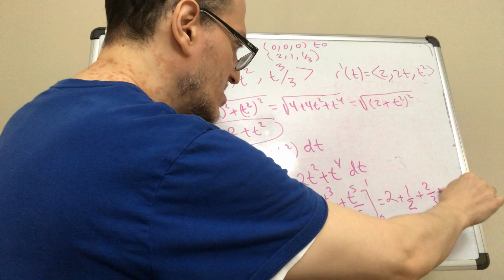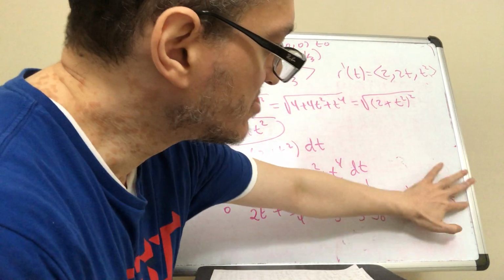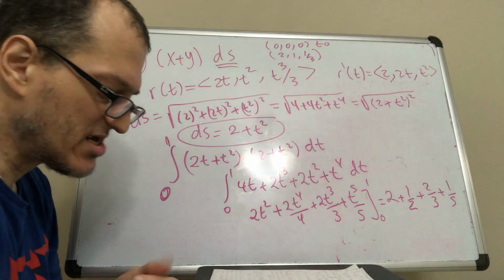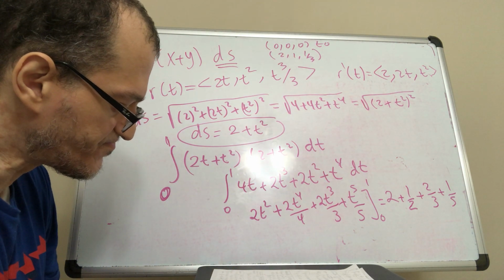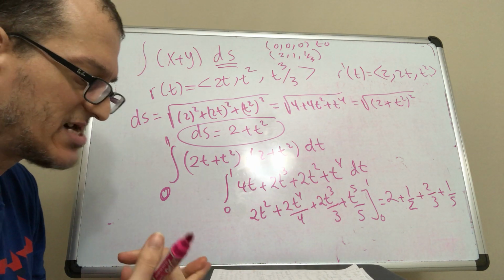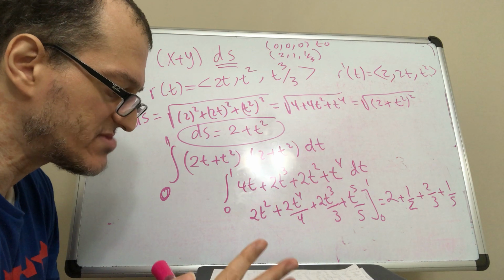And 1 here gives you 1 over 5. And 0 gives you 0. So you can do this in the calculator and see what the answer is. Okay, so we did the line segment, no curve given, and we did the line segment with a curve given.